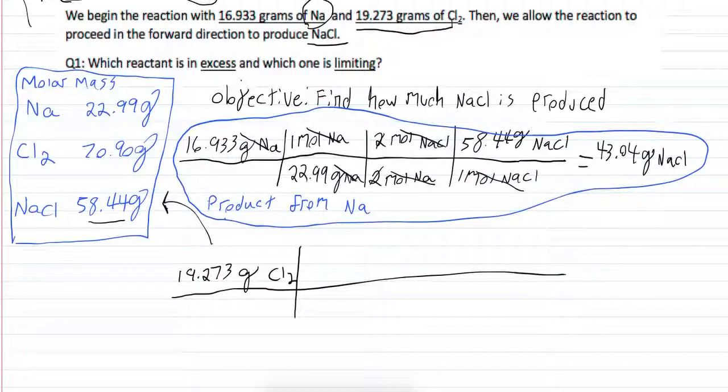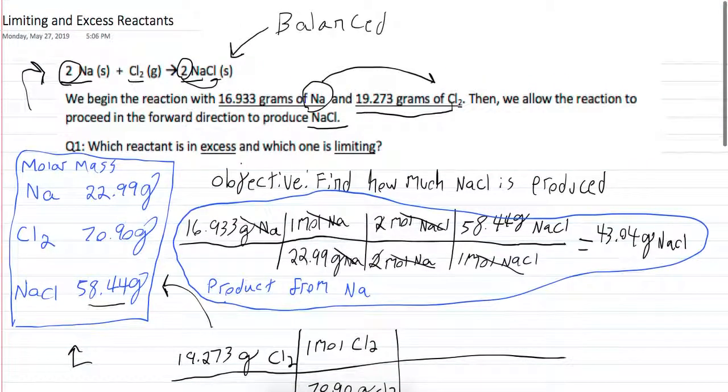Again, we need everything in moles. So for every 1 mole of Cl2, you look back at your table and see that it weighs 70.90 grams for Cl2. Scroll back up to your balanced equation.